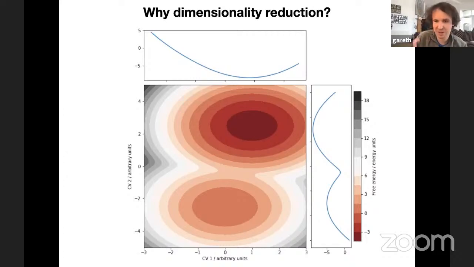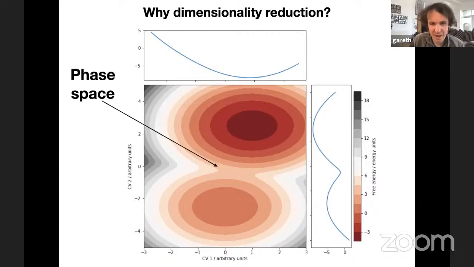Okay, so what I've got here is a two-dimensional free energy surface, and I'm studying the dynamics of that two-dimensional free energy surface. And this is a representation of what we will call phase space, okay? And phase space is basically all the coordinates that the positions are allowed to take. So in reality, when we do a simulation, phase space is a much higher dimensionality object, okay?